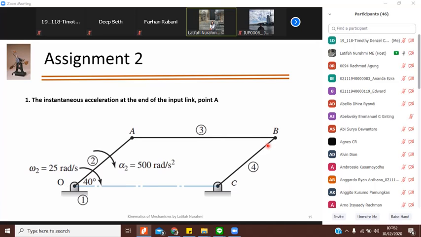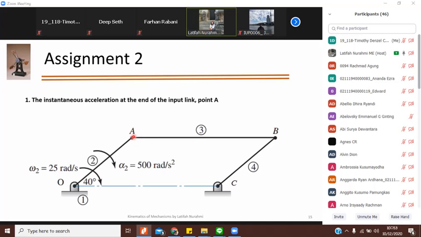Draw the kinematic diagram. That's the simplest thing to do. Number 1, find the instantaneous acceleration at the end of the input link at point A. Here, you need to find the velocity and the accelerations at the end of the input link.